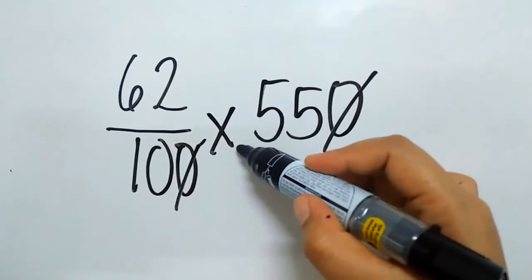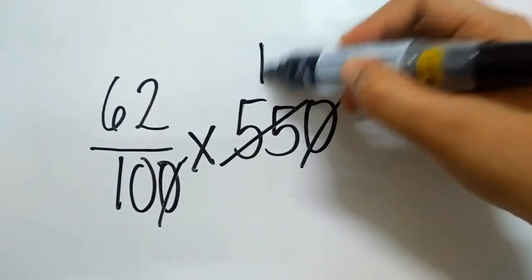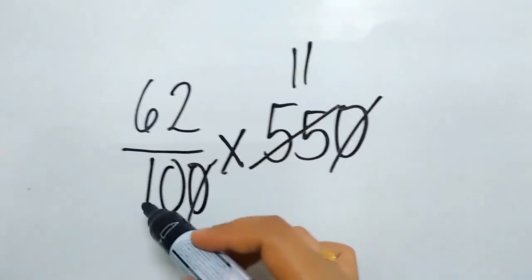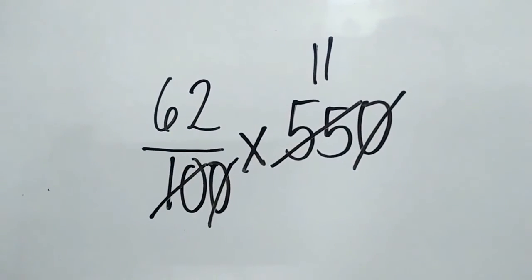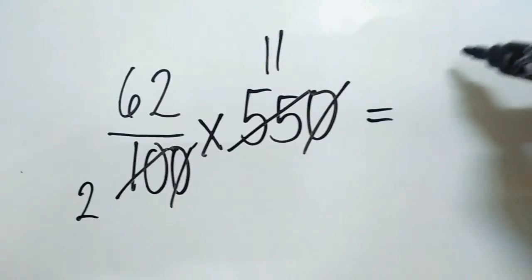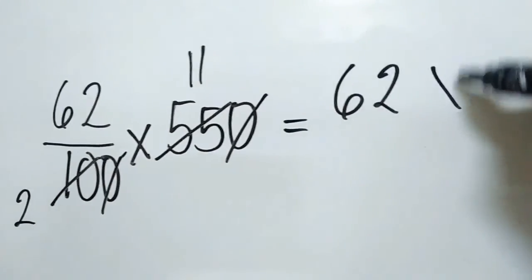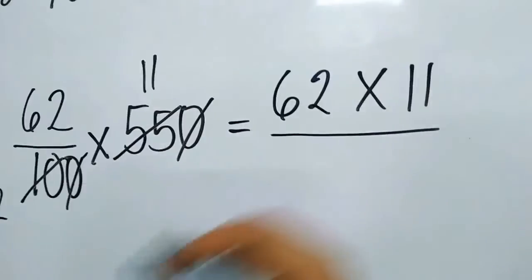Very good. 55 divided by 5 is 11. How about 10 divided by 5? It's 2. So we have 62 times 11, then the denominator 2.